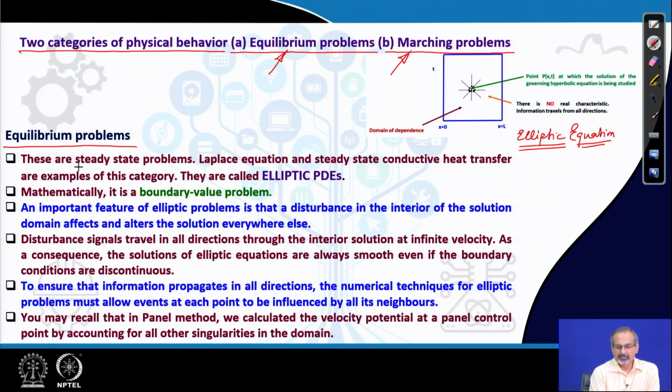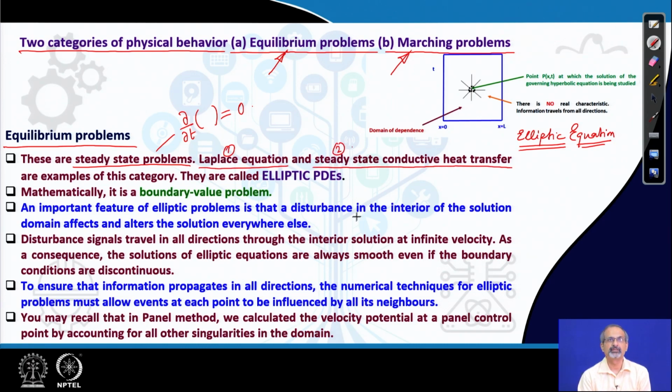Now, equilibrium problems, these are steady state problems, which basically means the time dependence is not there. Laplace equation and steady state conductive heat transfer equations are examples of this category, and they belong to elliptic partial differential equations.